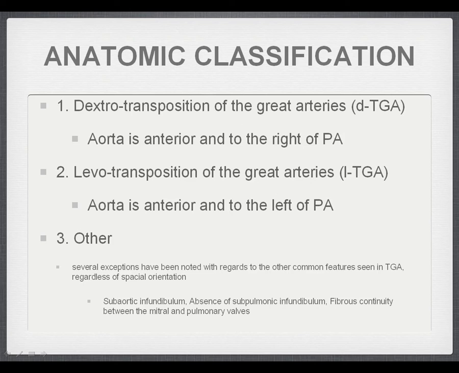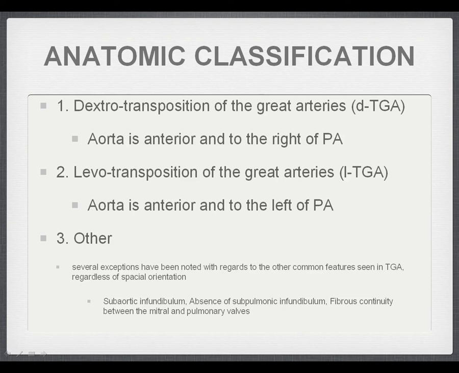DTGA is the most common, encompassing about 60% of all transposition, while LTGA, or congenitally corrected transposition of the great arteries, is less common. It can be seen in adults who are uncorrected because, as the name describes, it is congenitally corrected, where there is also atrioventricular discordance as well as ventriculo-great vessel discordance.